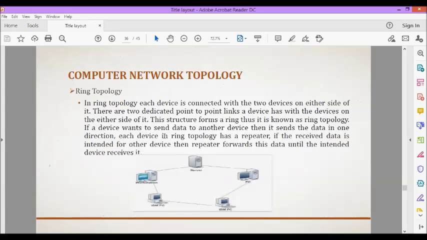If a device wants to send data to another device, then it sends the data in one direction. So each device in ring topology has a repeater. If the received data is intended for other device, then repeater forwards this data until the intended device receives it.